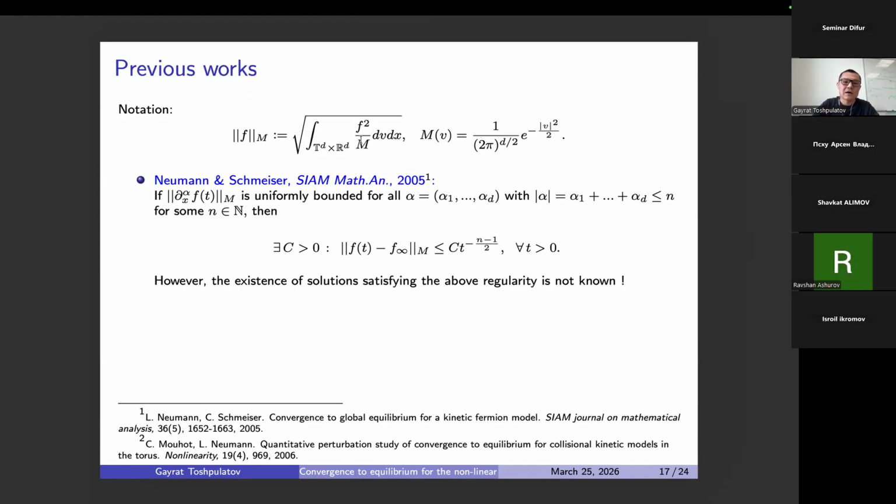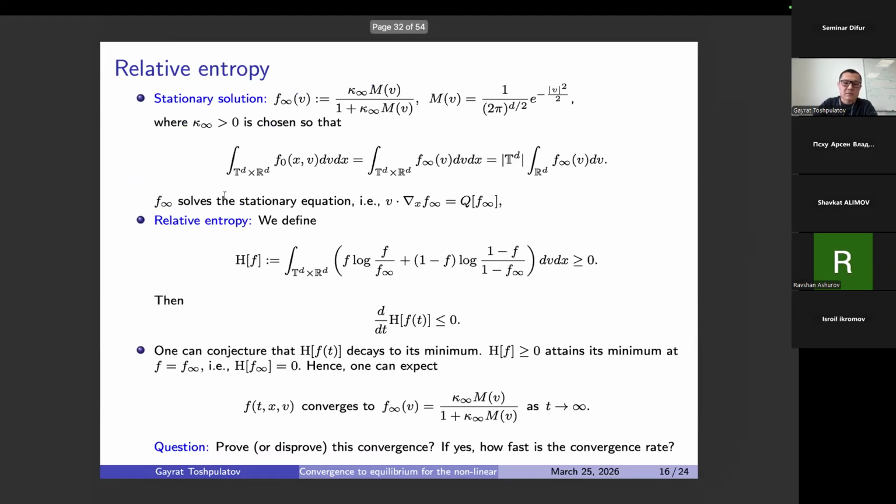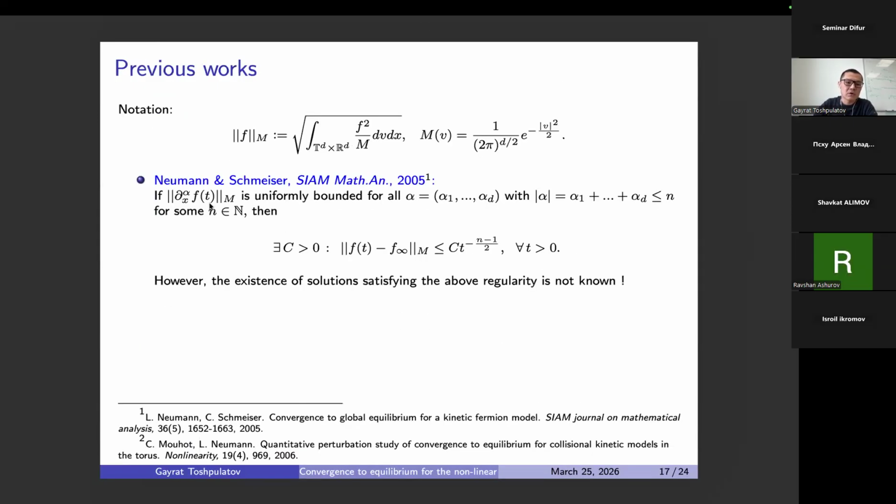To do that, I introduce this norm. It's a weighted L2 norm, where the weight is this Maxwellian, and I denote it by this M with this norm. This problem has been studied by Lucas Neumann and Christian Schmeiser.